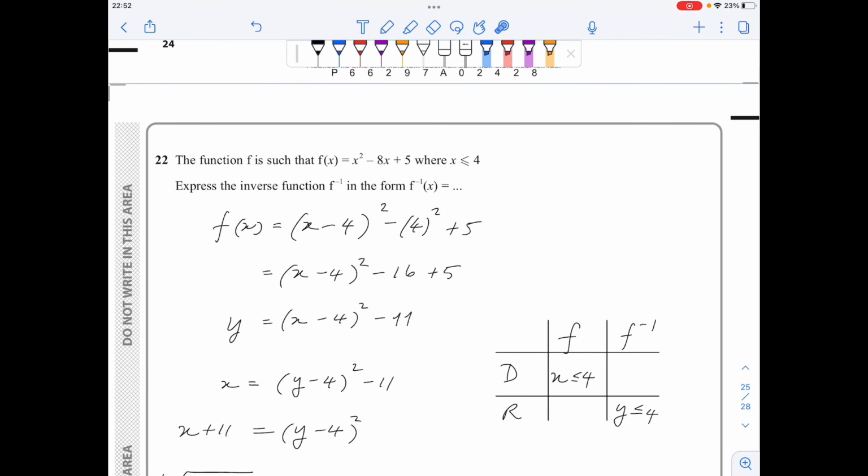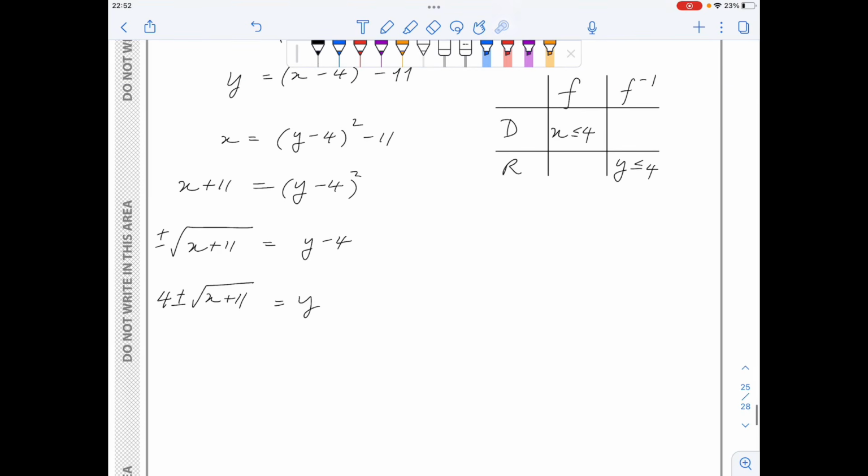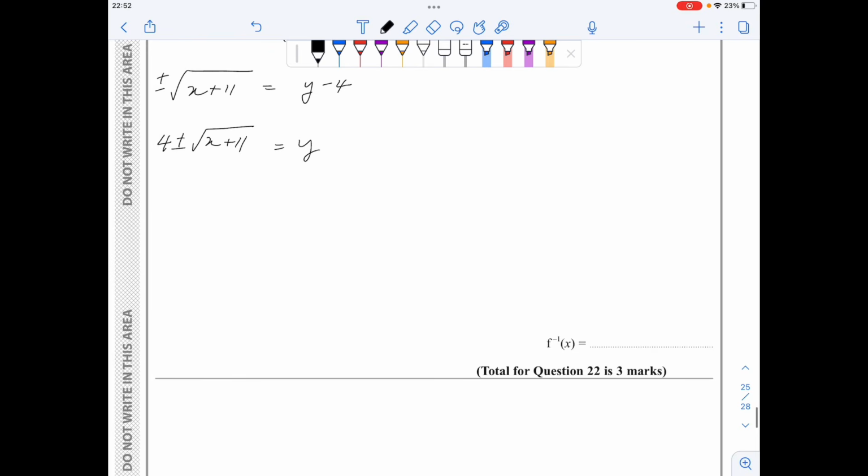This is because the range of the inverse corresponds to the domain of the original function and vice versa. So if y is less than or equal to 4, it means that from this plus or minus, I will only keep the minus. Hence, my inverse function is 4 minus the square root of x plus 11.